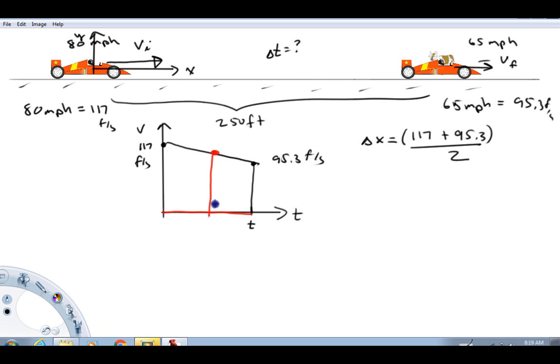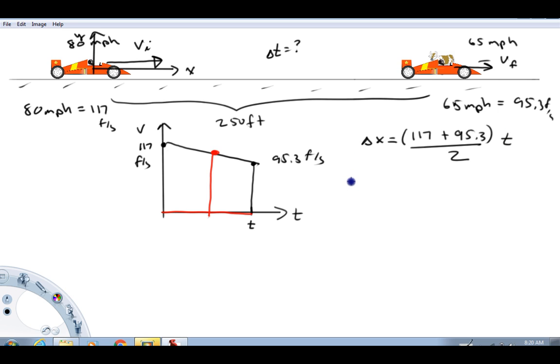That gives me this red height right there, which was the height of this rectangle. Then I'm just going to multiply that by the width, which is t, that we don't know at this point. So you'll notice what I've done is I've used the area of the trapezoid to write an equation which has only one unknown, t.